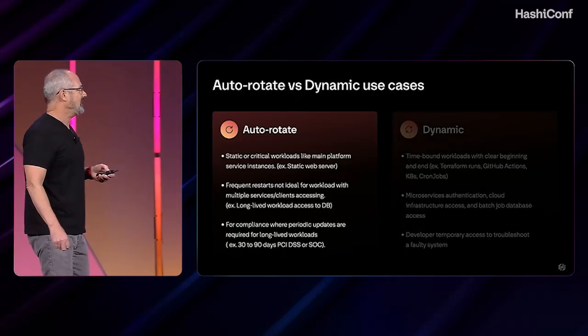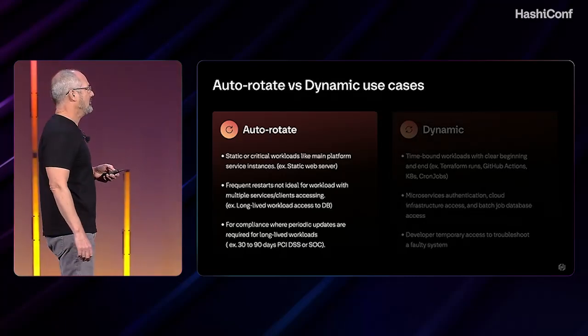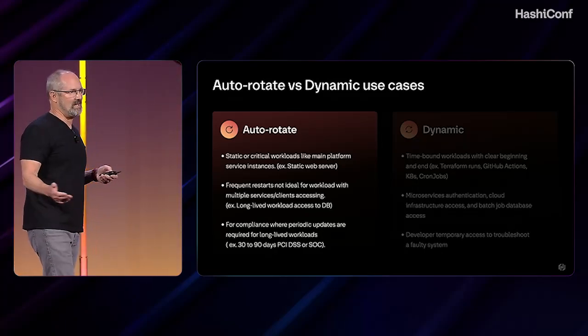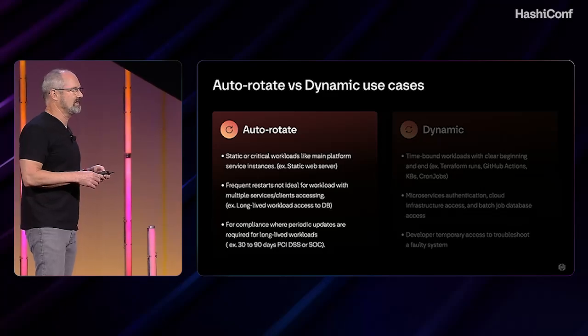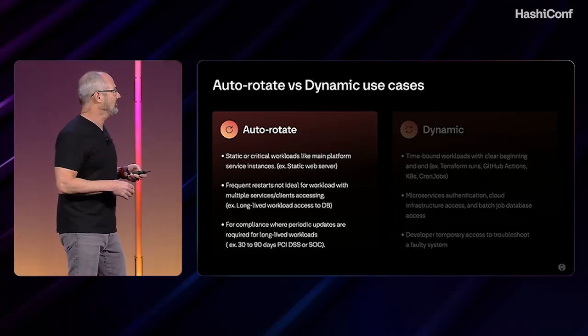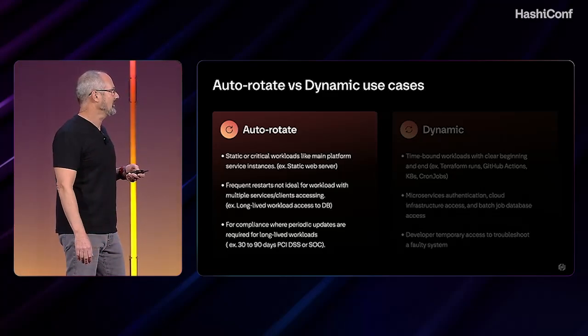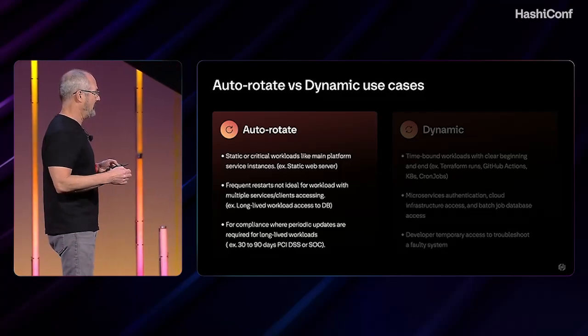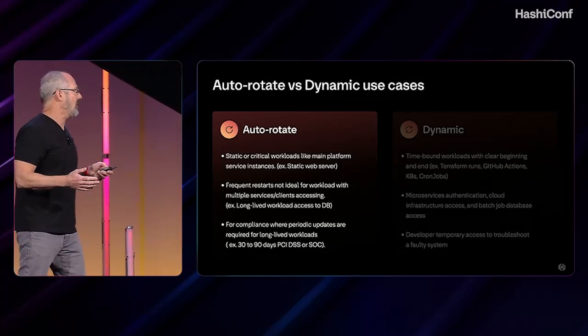For auto-rotating secrets, you really want to look at more static workloads. Workloads where you might have a main platform service and there's lots of access going on with that service. It could be a static web server. If you had frequent restarts with it, that's not going to work well for auto-rotate.